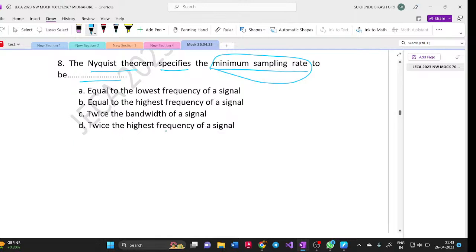Yes, twice the highest frequency of the signal. 2 multiplied by the highest frequency, that means the sampling rate.